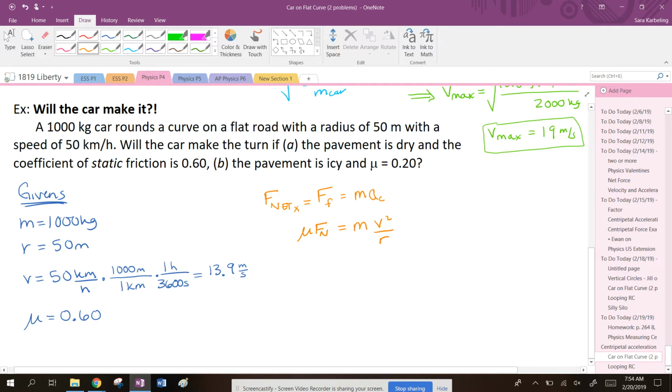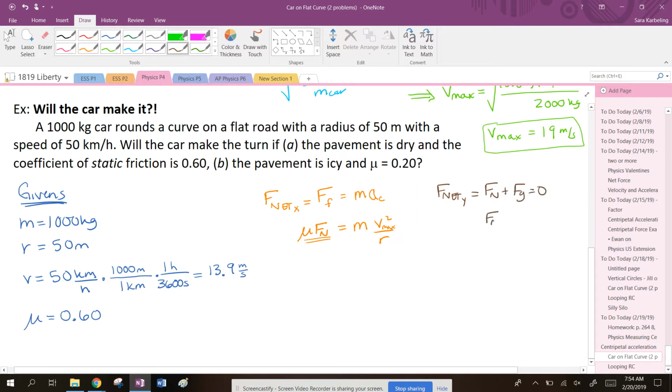And so really the game is, does the maximum velocity equal, or is it less than the maximum force? Is the force enough to keep it in that circle? So we can go ahead and do this. We're going to remind ourselves that F net in the y direction is Fn plus Fg, which equals 0.